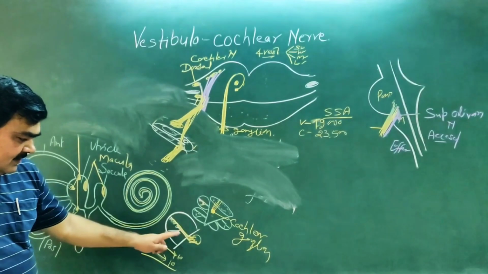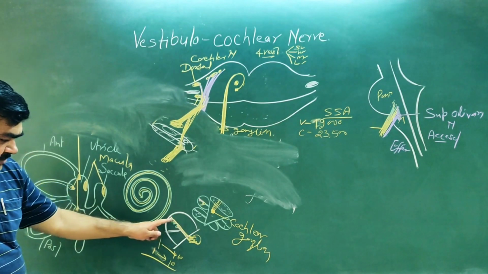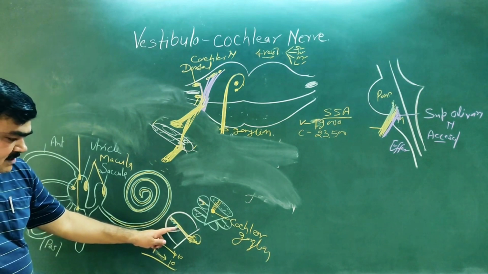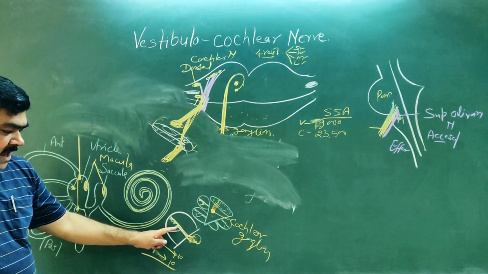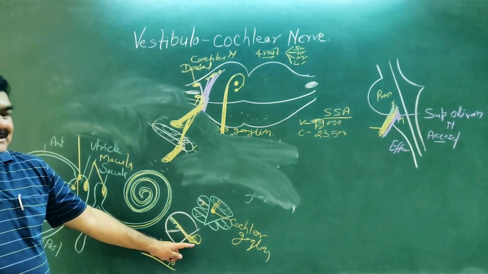So one nerve fiber is attached to 10 outer hair cells, and one inner hair cell is attached to 10 nerve fibers.